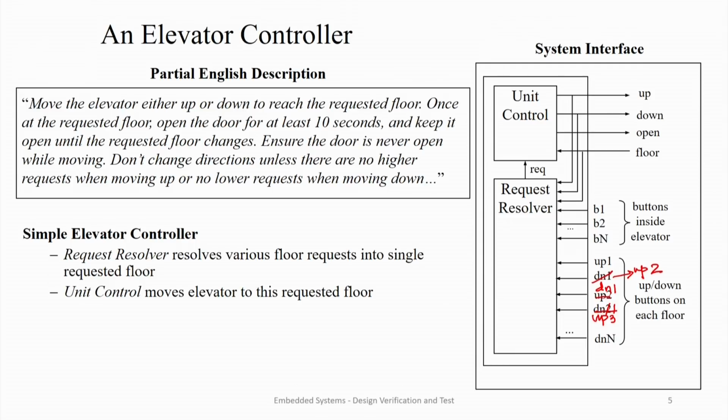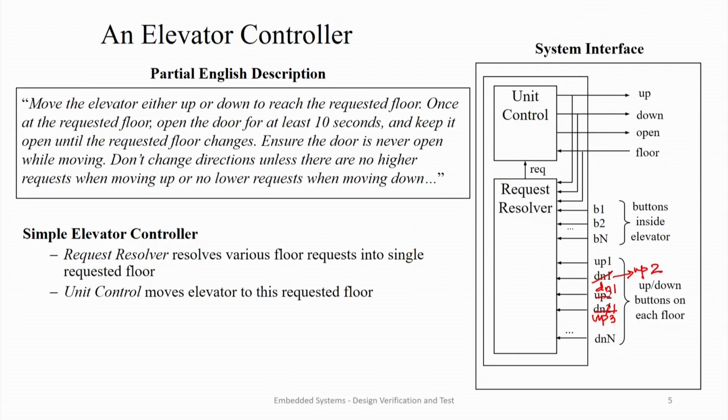Move the elevator either up or down to reach the requested floor. Once at the requested floor, open the door for at least 10 seconds and keep it open until the requested floor changes. Ensure the door is never open while moving. Do not change directions unless there are no higher requests when moving up or no lower requests when moving down.